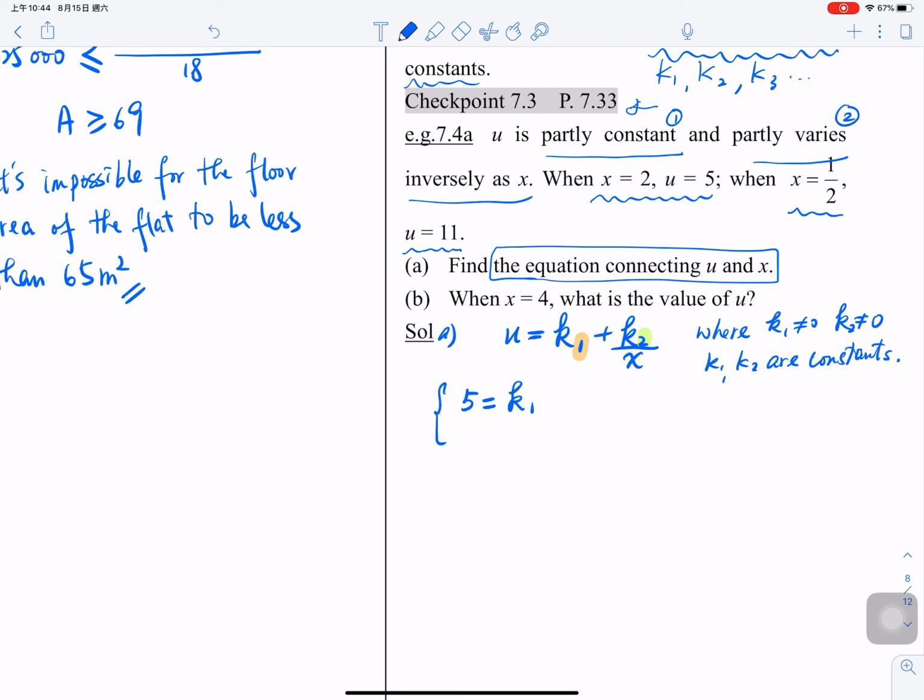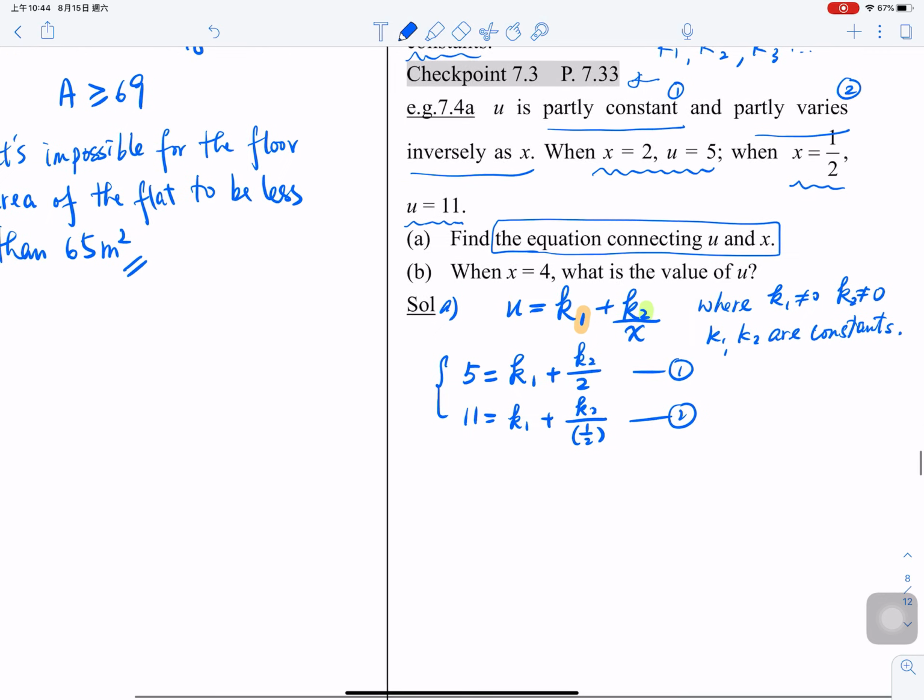So 5 equals k1 plus k2 over 2, when u equals 5, x equals 2. Another relation, 11 equals k1 plus k2 over 1 over 2. Right? First equation, second equation. Okay.